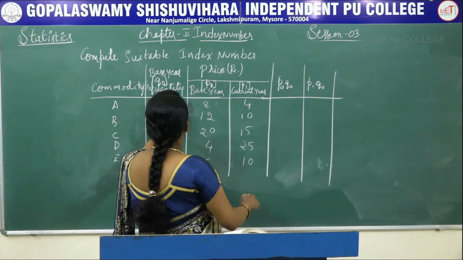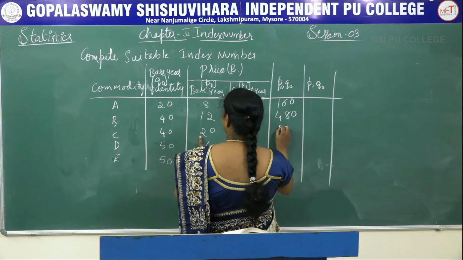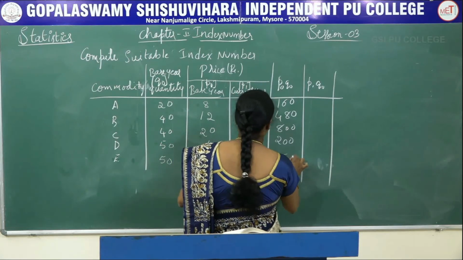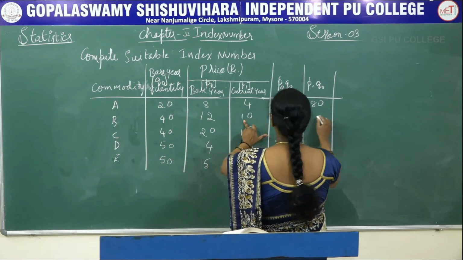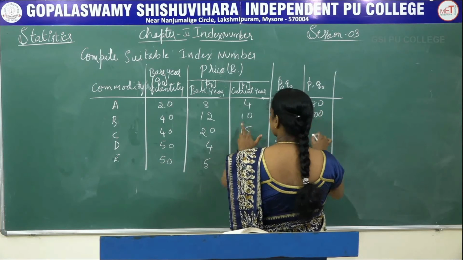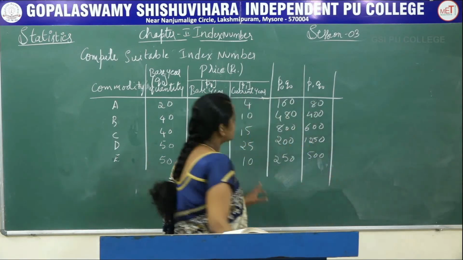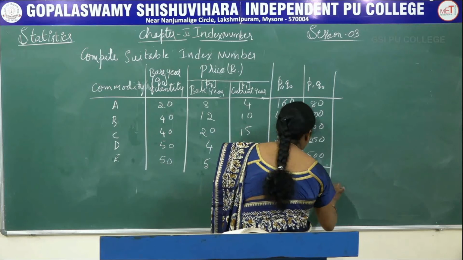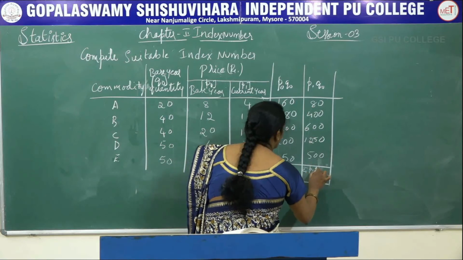So P0Q0 is, and P1Q0. Next, take the sum of this, that is summation of P0Q0 and summation of P1Q0.